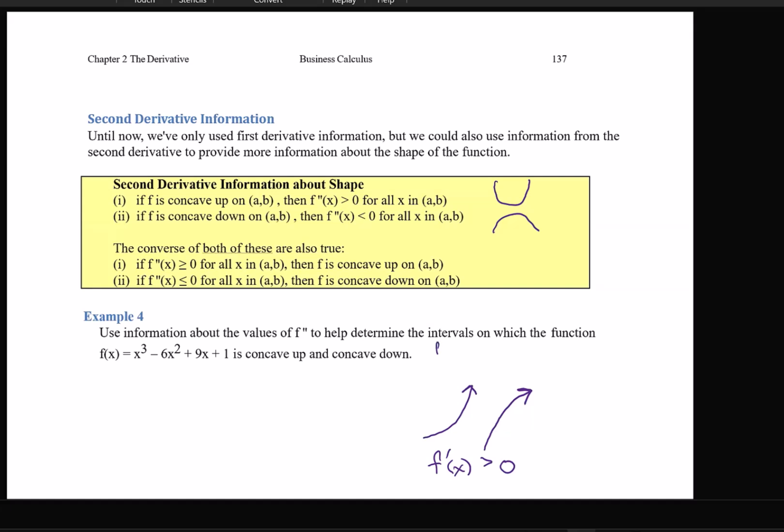But for this one, the second derivative is greater than 0 because it's concave up, and here it's concave down. So f double prime of x is less than 0. The converse is true. If the second derivative is greater than 0, then we know it's concave up. So it's true in both directions, basically. And we can use that information to determine things about our graph.